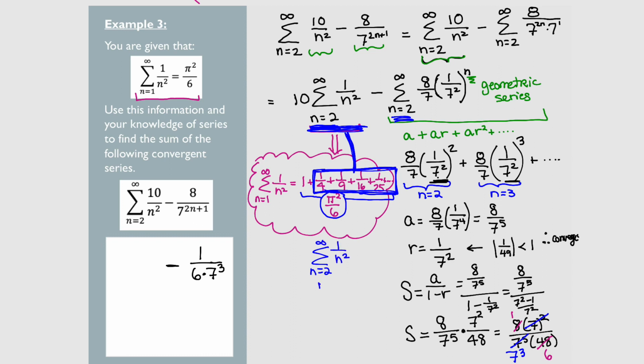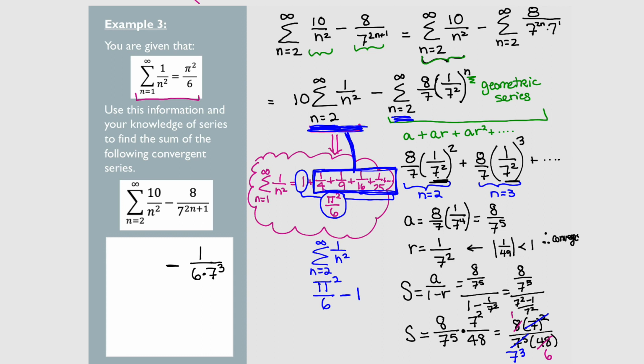That is just pi squared over 6 minus that first term 1 that I don't need, right? I have to take off that 1, and that'll give me the leftover parts: 1/4 plus 1/9 plus 1/16, etc. So that summation, n equals 2 to infinity of 1 over n squared, is pi squared over 6 minus 1.